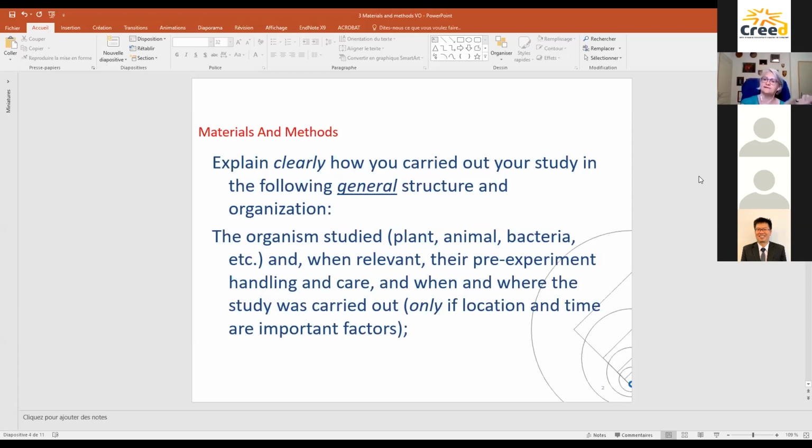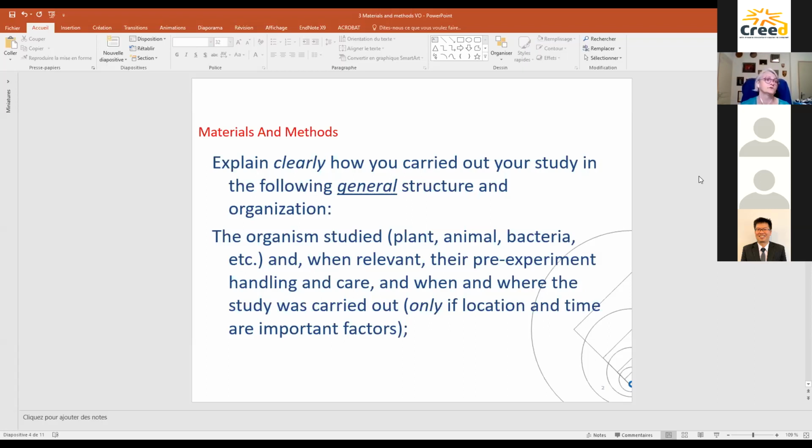But in the case of the article that I showed you, it was important to say it was in September, because it's the rainy season, coming towards the end of the rainy season. If you're working in the port of Haiphong, it's important to say it was conducted there in, I don't know, July, when Red River flow is high.